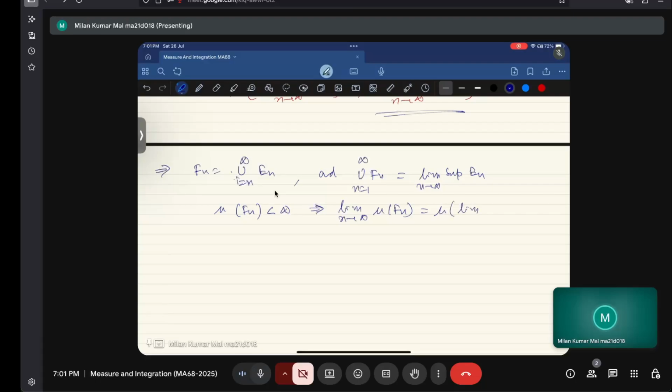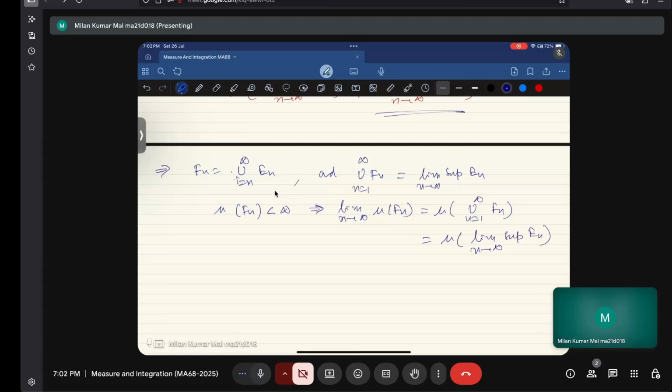the limit as n tends to infinity of supremum of En. Basically this will be the limit as n tends to infinity, the intersection of the union for n equals 1 to infinity of Fn, which is equal to mu of the limit as n tends to infinity supremum of En.